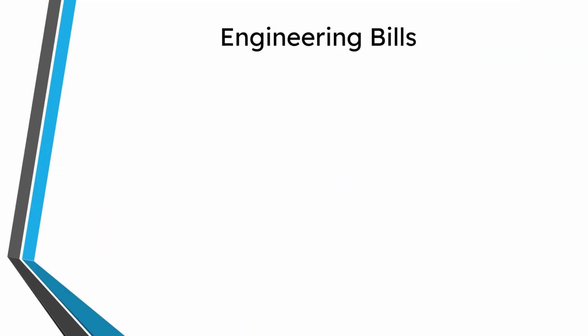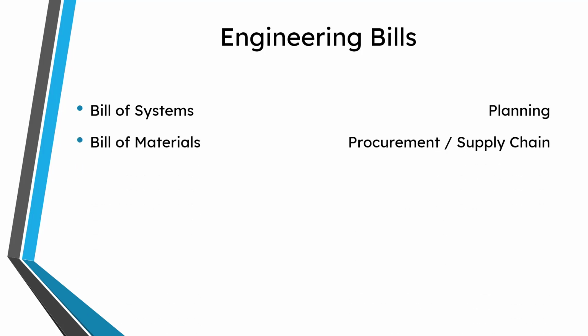But first off, let's talk about the different kinds of bills that you can come across in the product development process. First off, you could have a bill of systems, which is used in planning. And then, as we're talking about in this video, you can have a bill of materials, which is used in engineering and procurement and the supply chain.